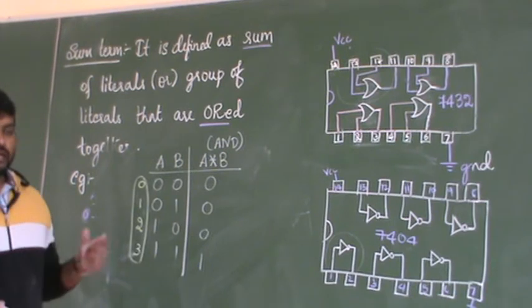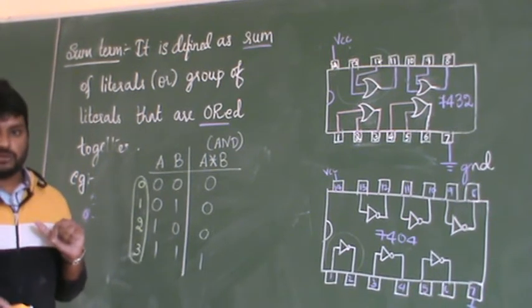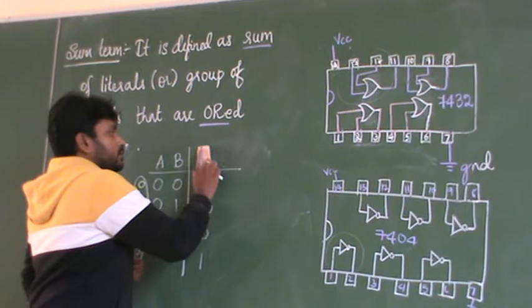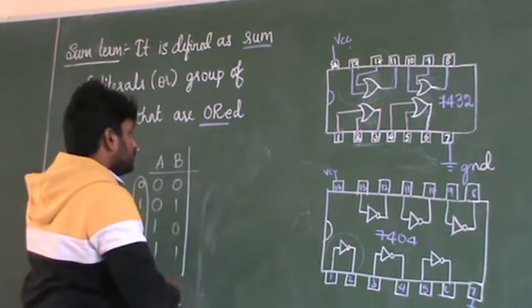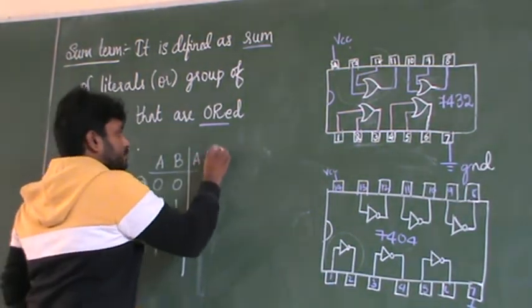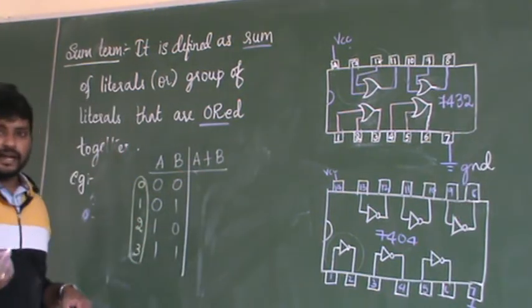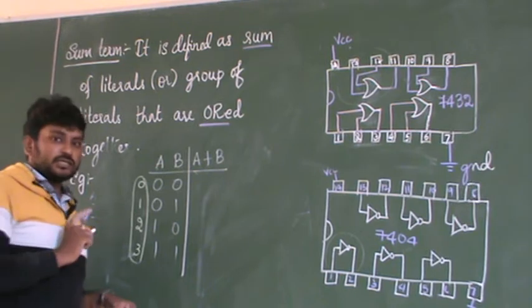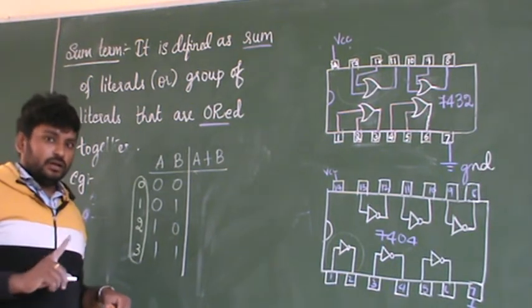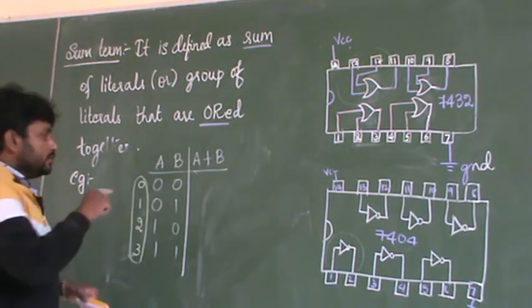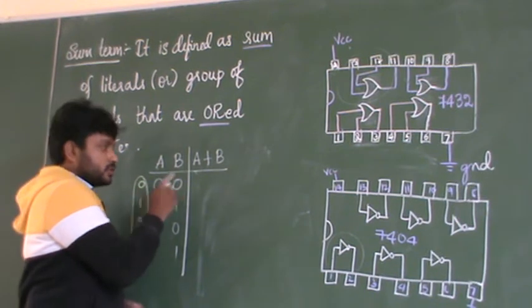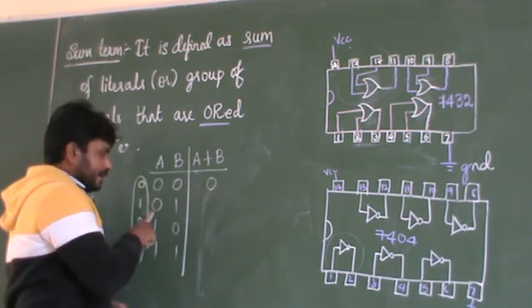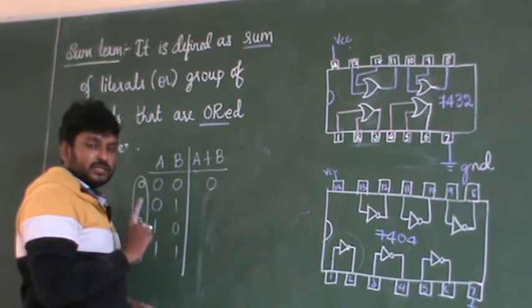Now I would like to write the truth table for the OR gate as well. A plus B. What is an OR gate? If any one of the inputs is 1 or high, my output is high. Here both the inputs are low, so my output is 0. If any one of the inputs is high, the output is high.